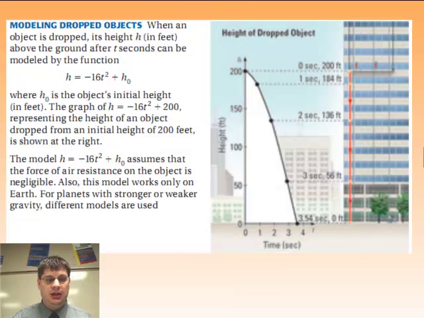So let's look at an application. One of the most common applications you see when solving quadratics are height problems, usually when an object is dropped from a certain height.